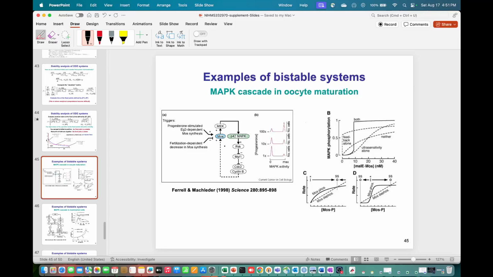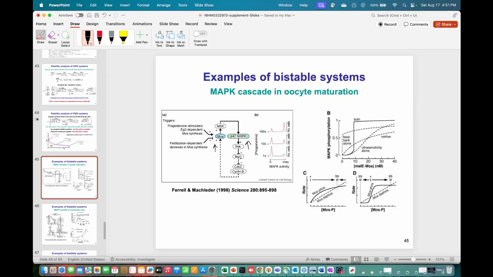You are increasing something which is helping degrade something else which is doing this. Sorry, I said this was a repression. This is a positive feedback loop, if you notice. MOS is getting increased, which in turn is increasing p42 MAPK, which in turn is decreasing CDC2 and cyclin B, which in turn is increasing MOS. So an increase of MOS will result in an increase of p42 MAPK.